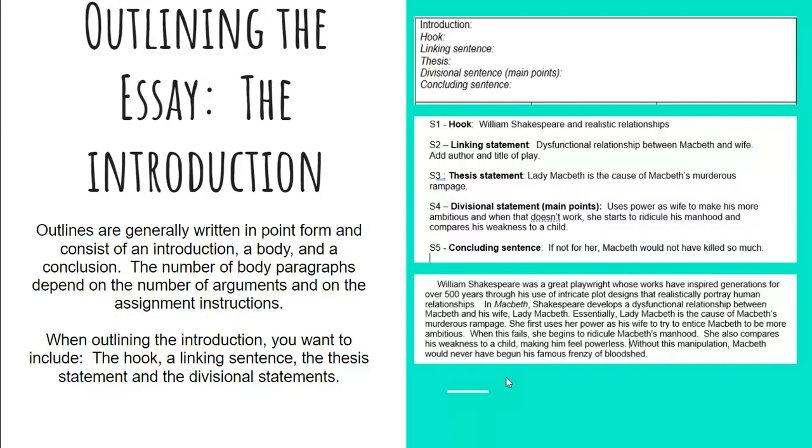Essentially, Lady Macbeth is the cause of Macbeth's murderous rampage. She first uses her power as his wife to try to entice Macbeth to be more ambitious. When this fails, she begins to ridicule Macbeth's manhood. She also compares his weakness to a child, making him feel powerless. Without this manipulation, Macbeth would never have begun his famous frenzy of bloodshed.